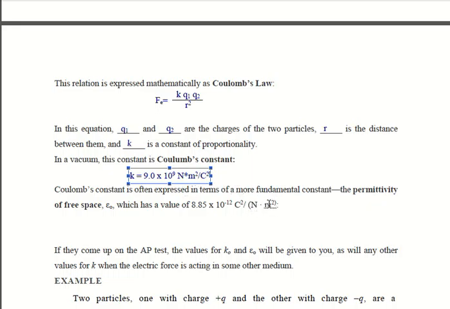I was looking a little bit ahead and got myself a little confused. So Coulomb's constant, 9 times 10 to the 9 newtons meter squared per coulomb squared.